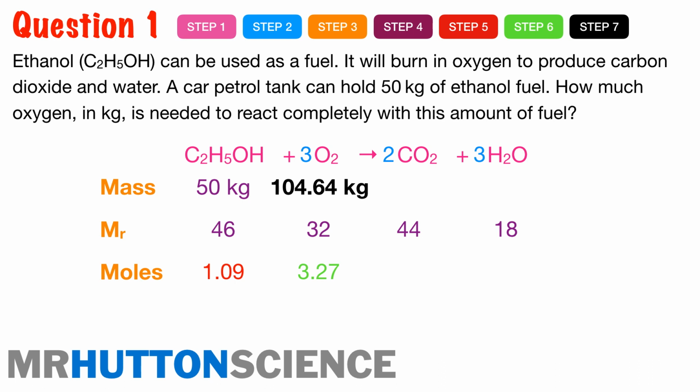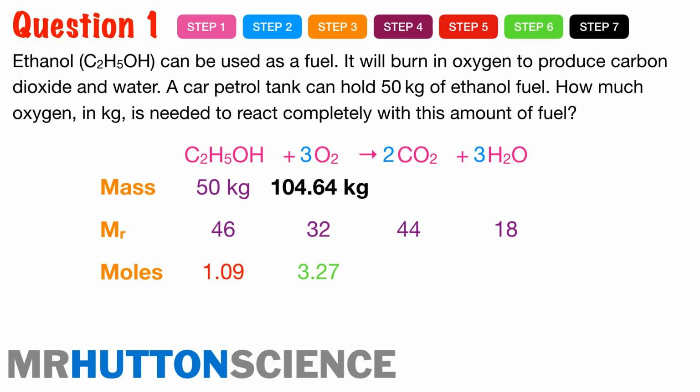So step 5, we've got to calculate the moles of one of the species. As you can see, for ethanol we've got the mass and the MR, so we can do 50 divided by 46 to give us 1.09 moles. Now the question is asking us how much oxygen is needed, so we have to look at the molar ratio between ethanol and oxygen, and it's 1 to 3.